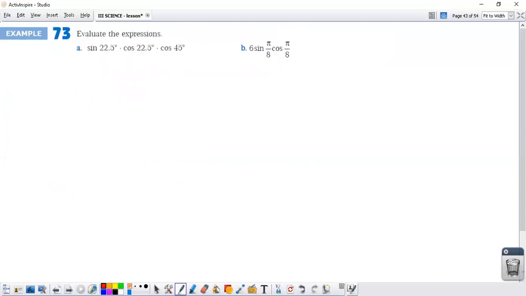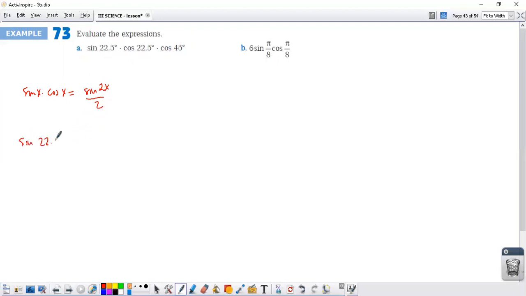For example 73, first we're going to evaluate sine 22.5 degrees times cosine 22.5 degrees times cosine 45. The measures are the same, and directly we can focus on the double angle formula. But first remember this, sine x times cosine x was sine 2x over 2, right?